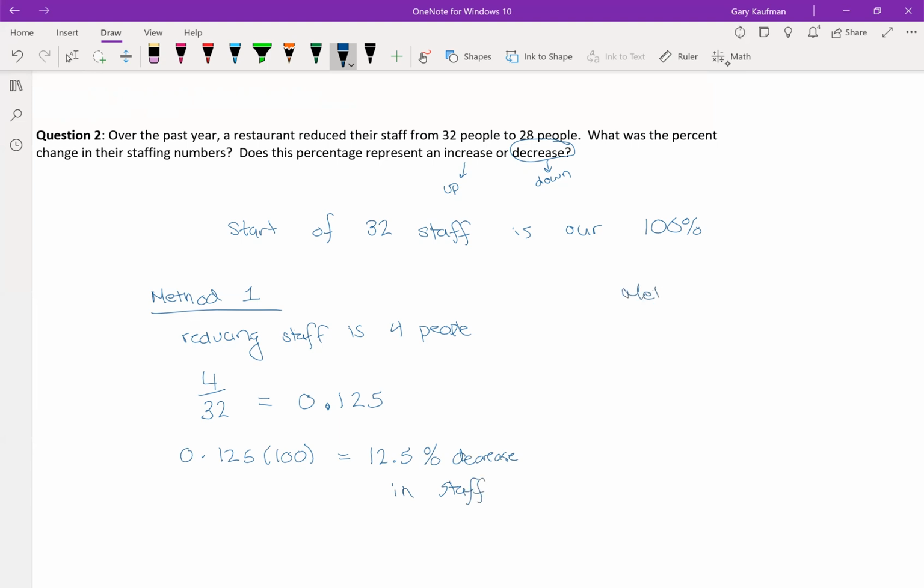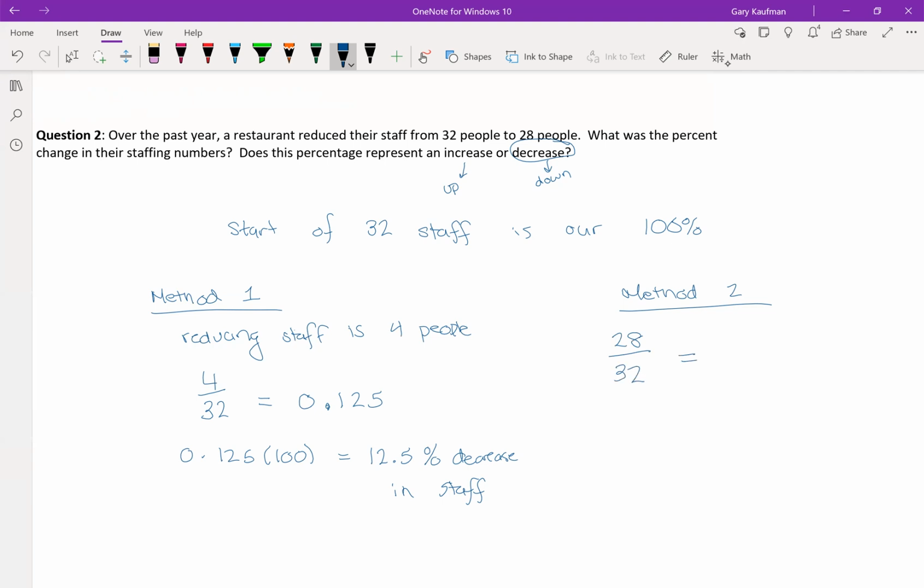Method two is I can just compare the new to the original. So I can say, well, I have 28 out of the 32.